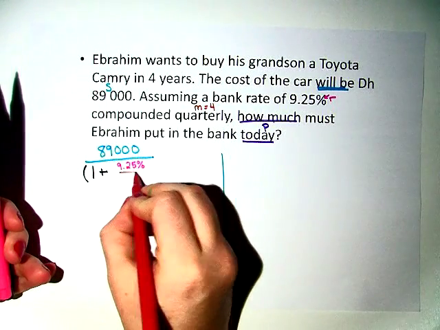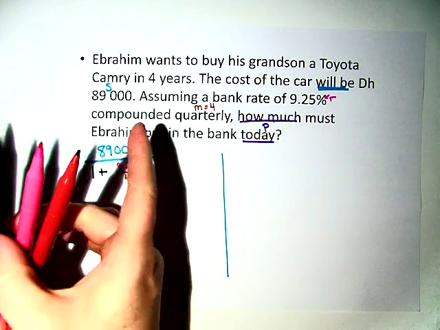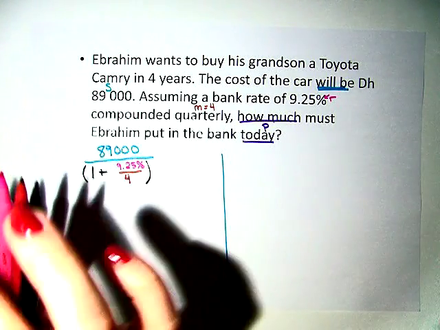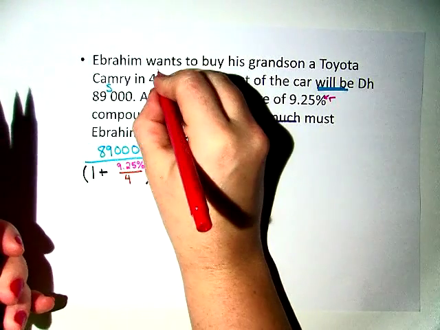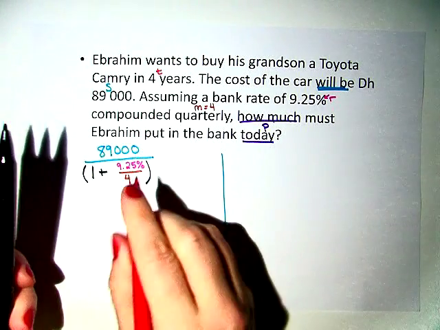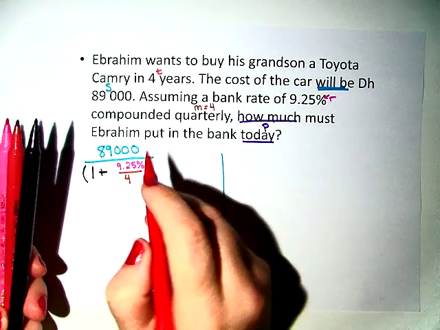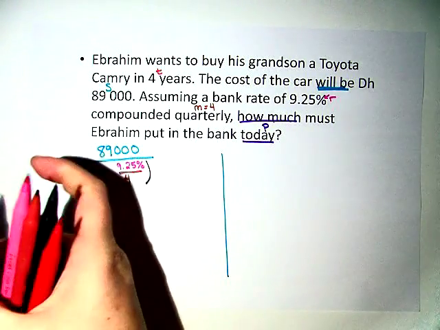So 9.25% divided by 4, and we're raising it to the T. Now, if we notice, this is T. We forgot to mark it earlier, so we need to do T times M. So 4 times 4, in this case, is 16.